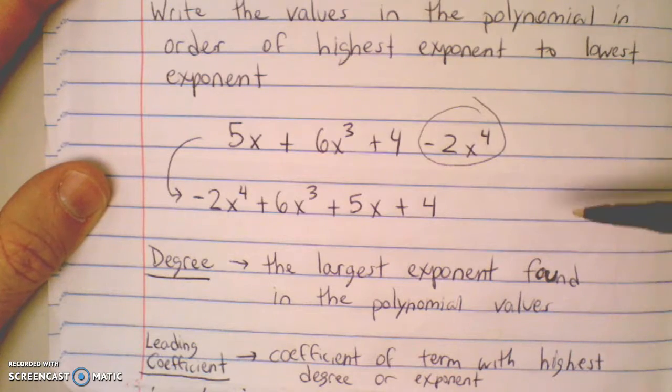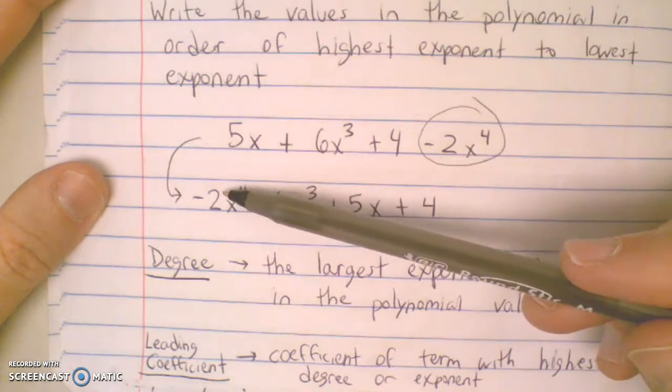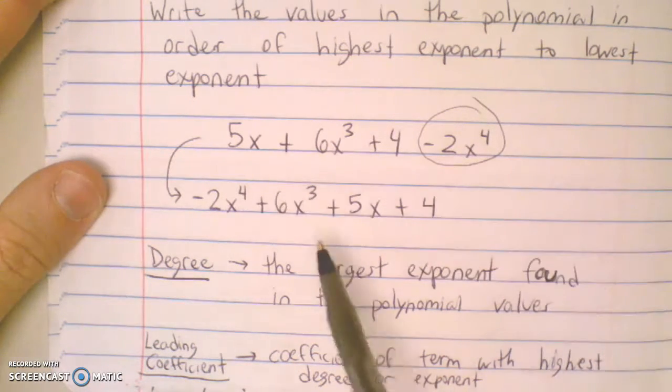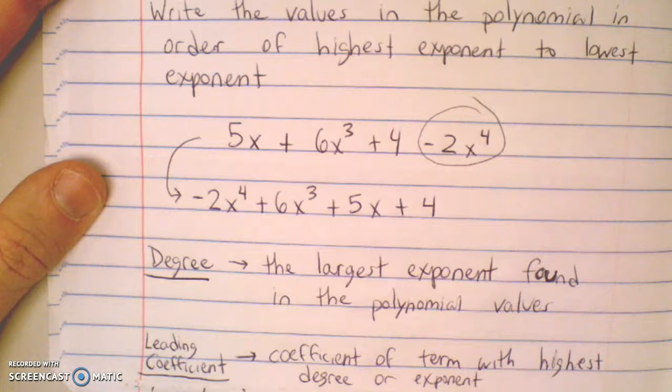So the leading coefficient in this problem would be -2 because that is the leading coefficient of the polynomial when you put it in order by the exponents.